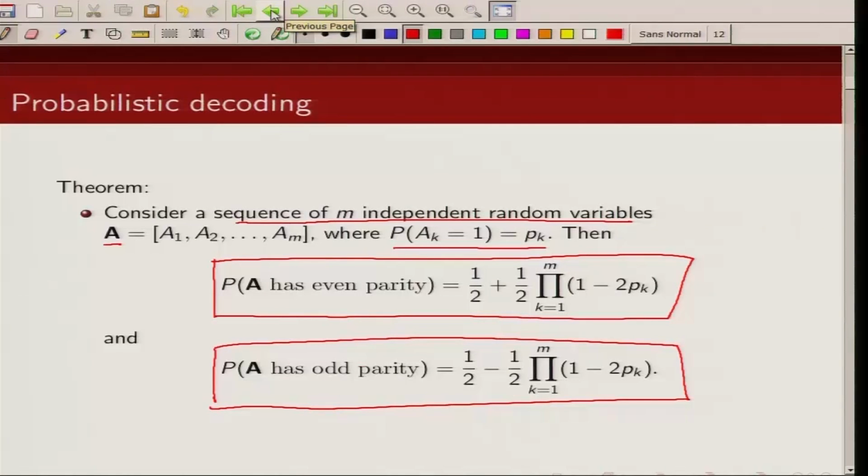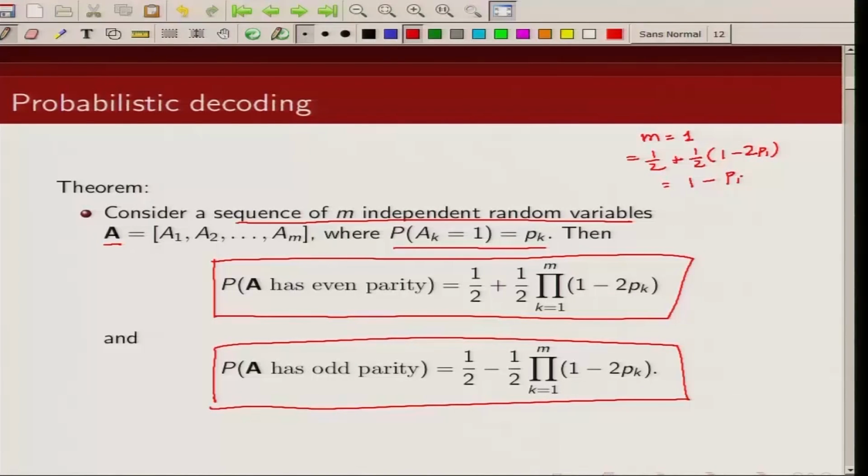If you want to prove it using mathematical induction, let us take m equal to 1. For m equal to 1, we get half plus half times (1 minus 2p1), which is nothing but 1 minus p1.